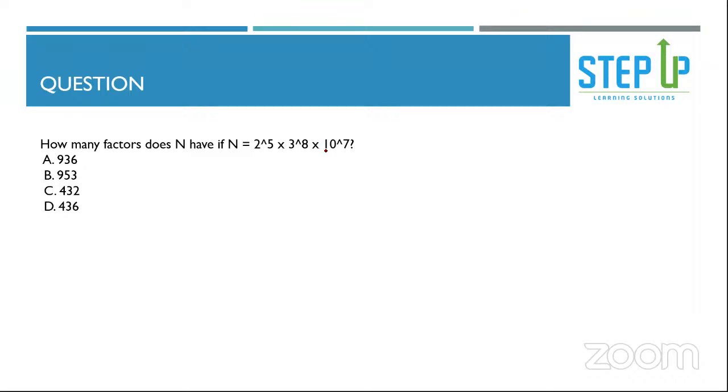One thing you need to check here is that this is 10, and 10 is not a prime number. So 10 can be written as 2 into 5.